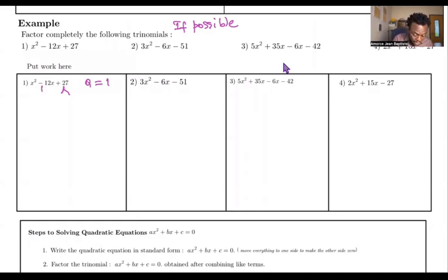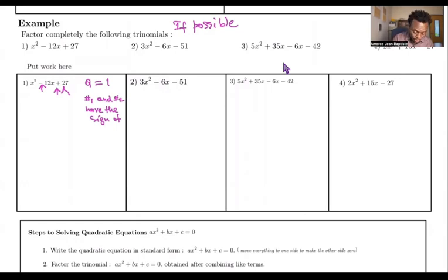But since B is negative and C is positive, we definitely want two numbers that have the sign of B. So the two numbers, number 1 and number 2, have the sign of B, if B is negative and C is positive.